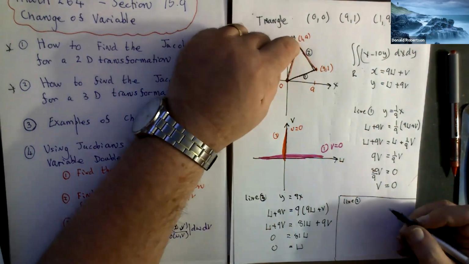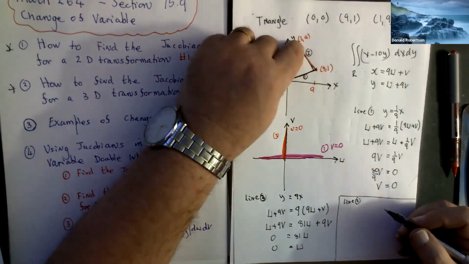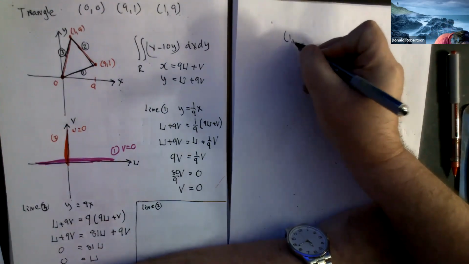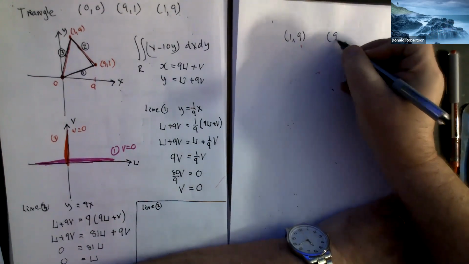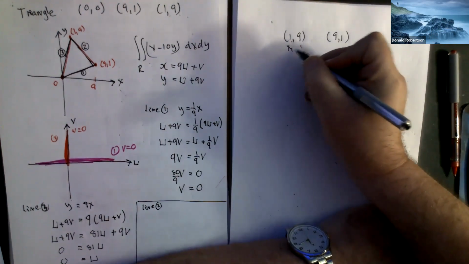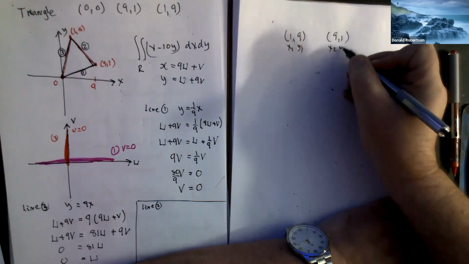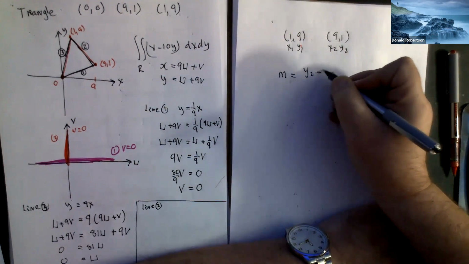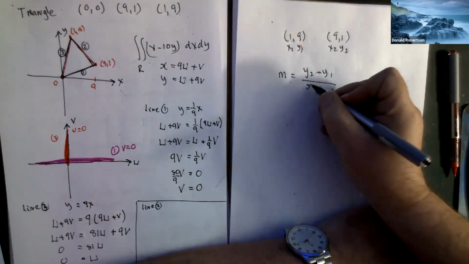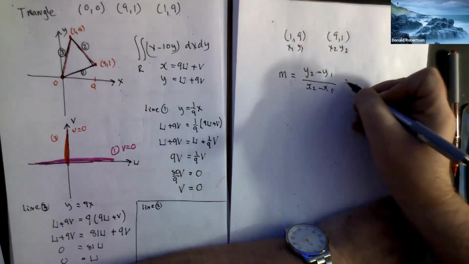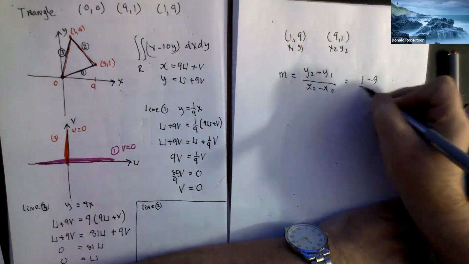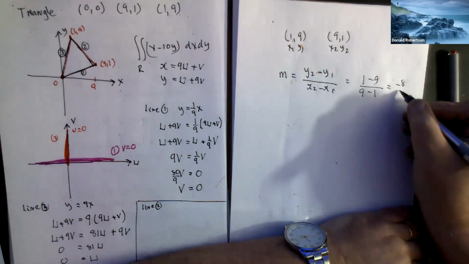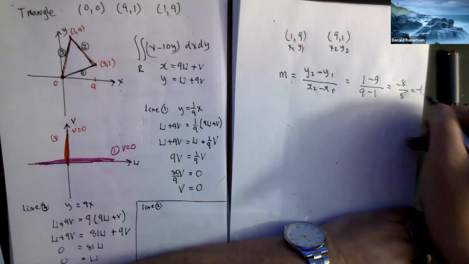Well, first things first, I need to find the equation of this line. And I definitely need to do it a little bit at the side. I'll call this guy x1, y1. I'll call this guy x2, y2. The slope is y2 take away y1 over x2 take away x1. So what's that going to be? 1 take away 9 over 9 take away 1. That's -8 over 8. Oh, good, -1.